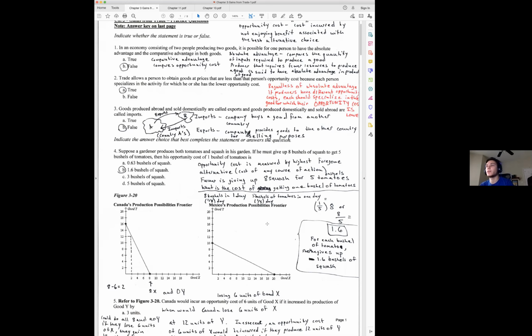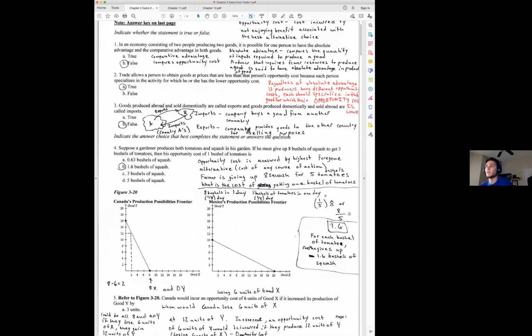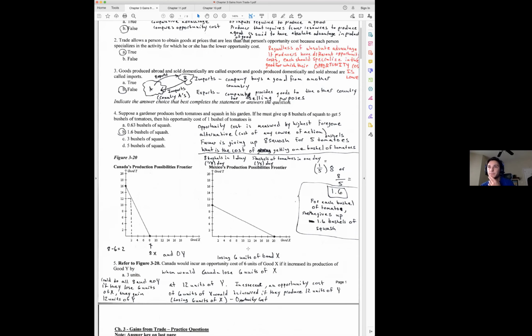So within 1/5 of a day, how many bushels of squash would you be giving up? You basically get the same fraction, and that's 1.6. So there's two ways you can do it, or you can just think about what you give up over what you get. But that's that one.